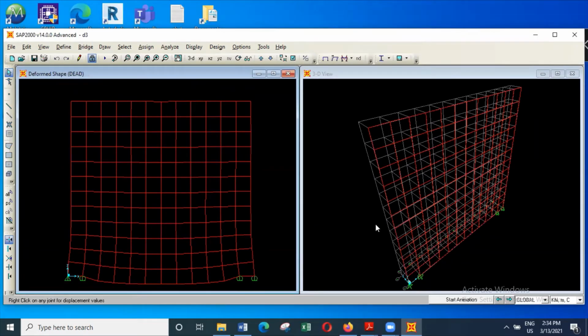So we get the deformed shape of the wall due to this reasonably heavy load applied at the top, which has a magnitude of 300 tons or 3000 kilonewtons. So we are getting a deformed shape like this.